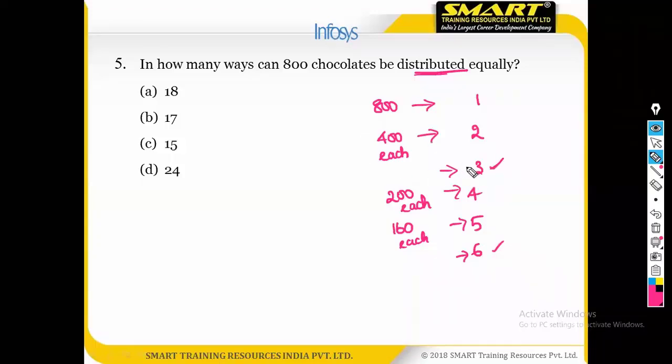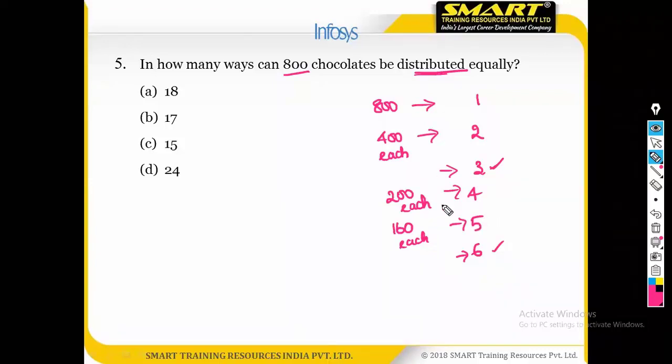Because these numbers will not divide 800. Equal distribution is not possible means this number will not divide 800. Since 5 is dividing this number, I can do the equal distribution. So guys, what are you getting now from this?